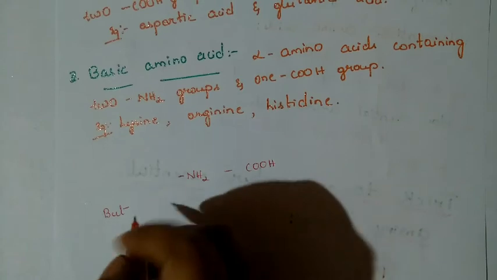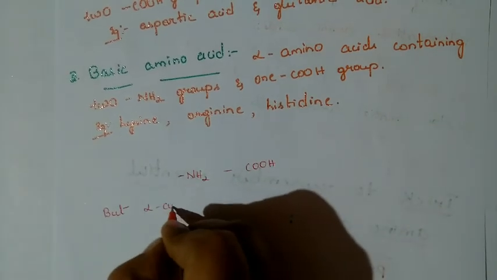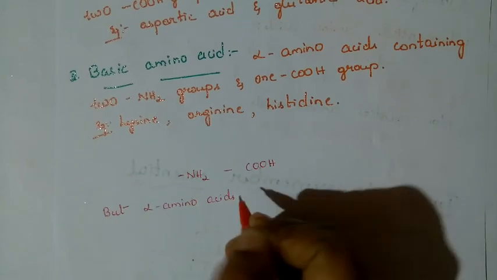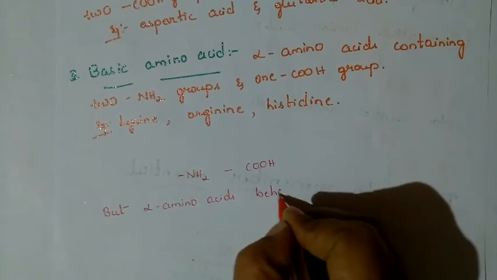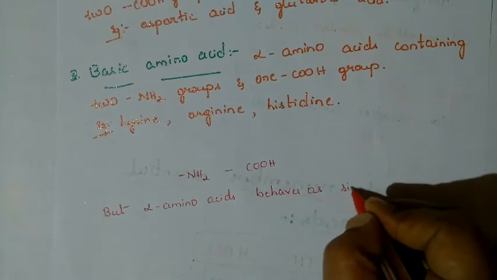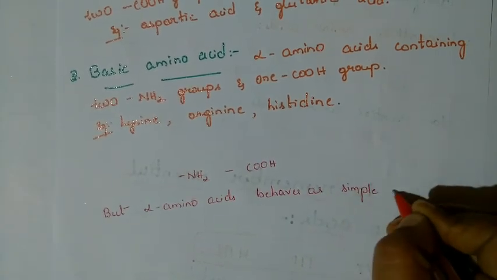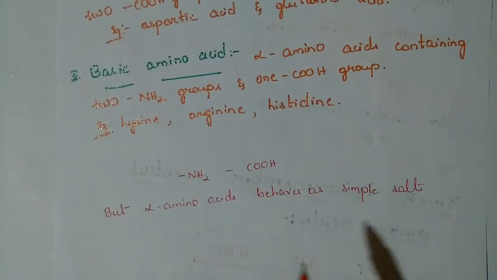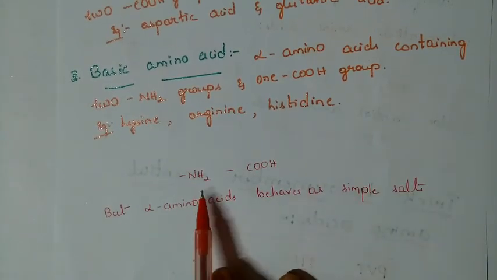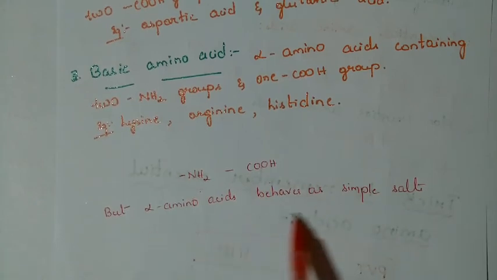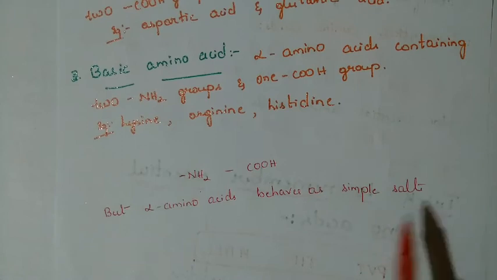But the alpha amino acid behaves as a simple salt. It is not behaving as an amine or as a carboxylic acid, but it is behaving as a simple salt.